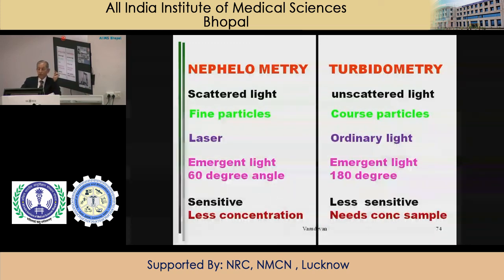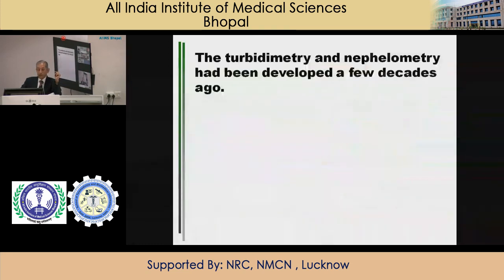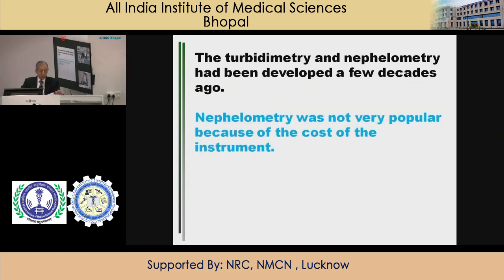Turbidometry and nephelometry were developed decades back, and both instruments were available. Nephelometry was not very popular because of the cost of the instrument, usually about 30 to 40 lakhs. Turbidometry was not very popular due to lack of sensitivity.